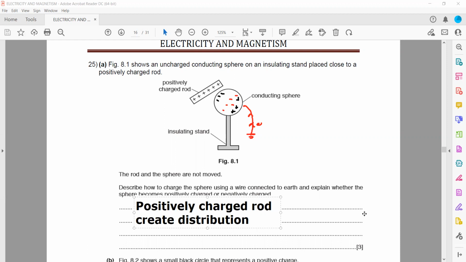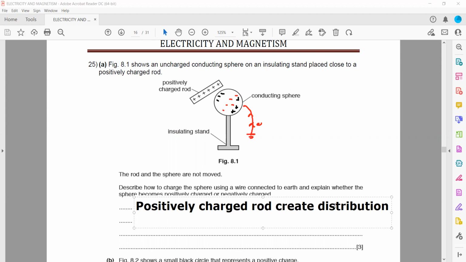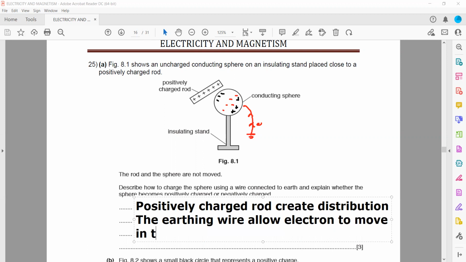That is one thing. Then when we connect the earthing wire, it allows the electrons to move into the sphere, a conducting sphere.